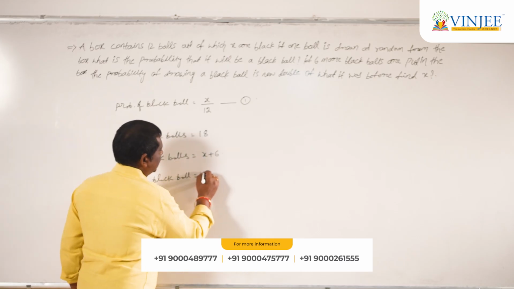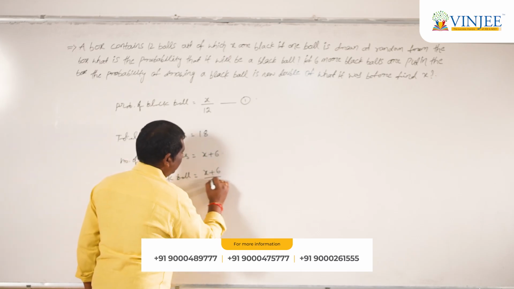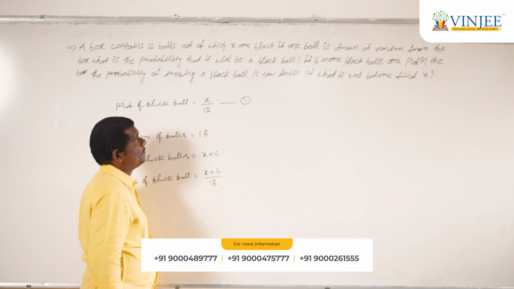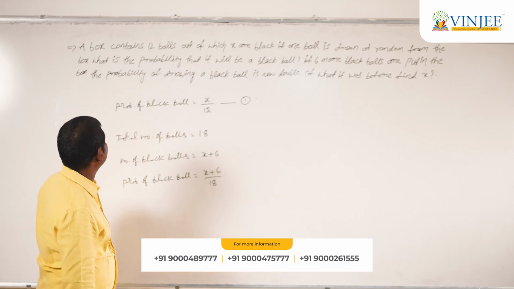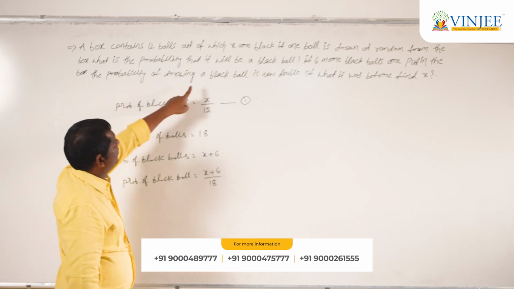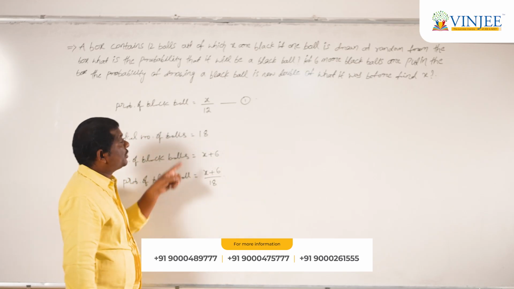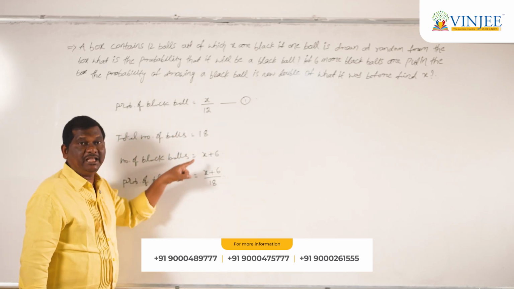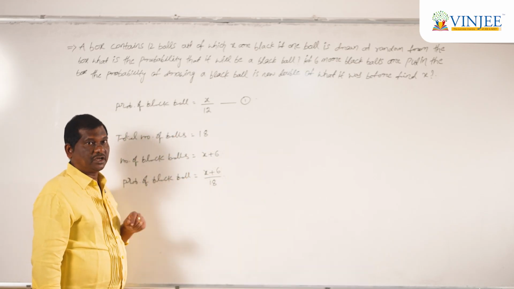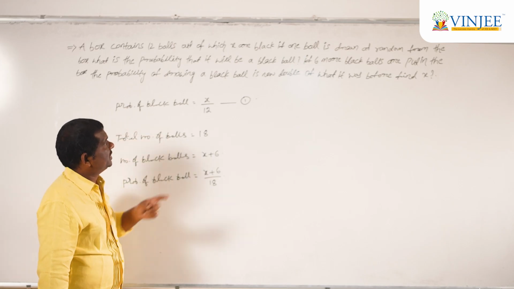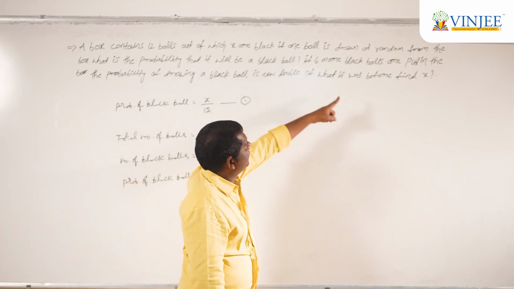Therefore X plus 6 by 18. Now a relation is given. The probability of drawing a black ball after adding 6 black balls will be equal to double that of before.